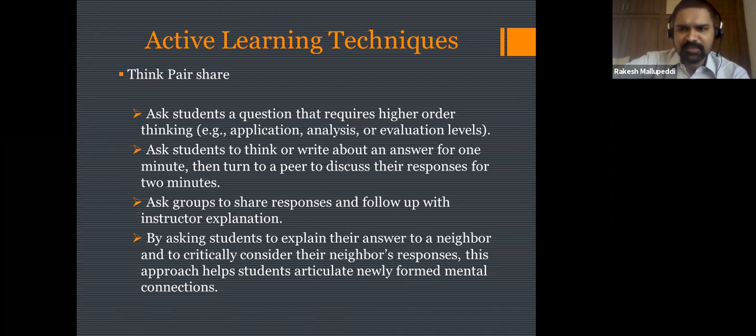But in demonstration, they predicted the result, then discussed. But here we are asking them to come up with an explanation, group discussion, and then come up with an explanation. So again, you are making the student think about the content that you have given.